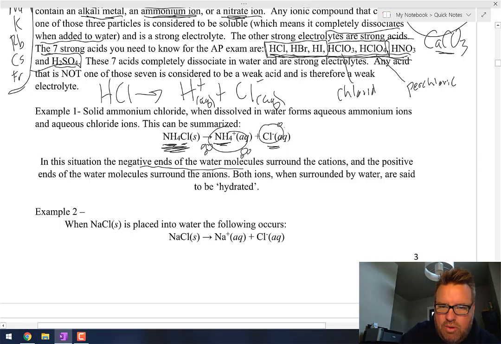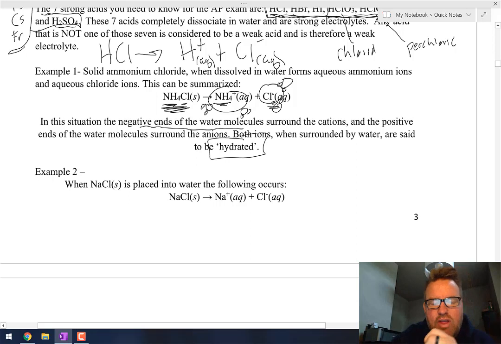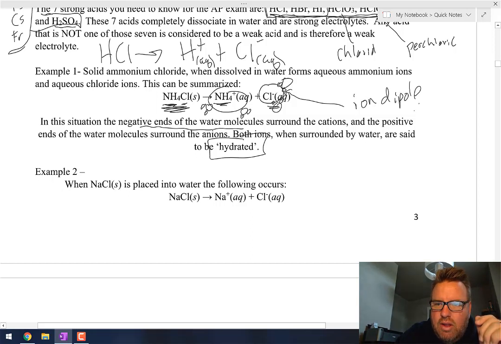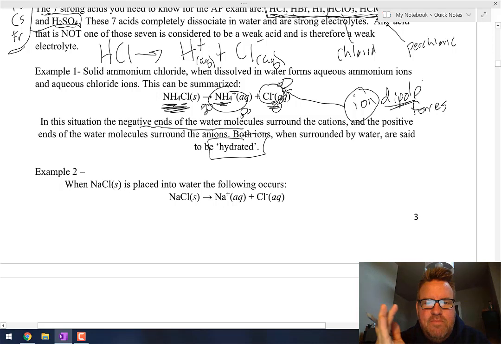And on chlorine, you put the hydrogens closer to the chlorine, and the oxygen away from the chlorine. When those ions are surrounded by water, we say that they are hydrated, which means they have the maximum amount of water molecules that can be around them. Again, that attraction between the water and those charged particles is called ion dipole forces. The Cl minus and the NH4 plus are the ions, the water is the polar molecule, and that creates those really strong forces.